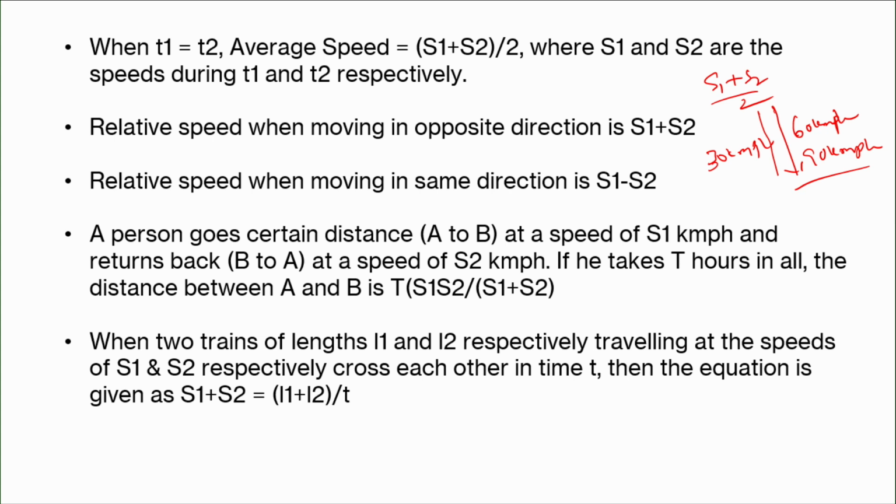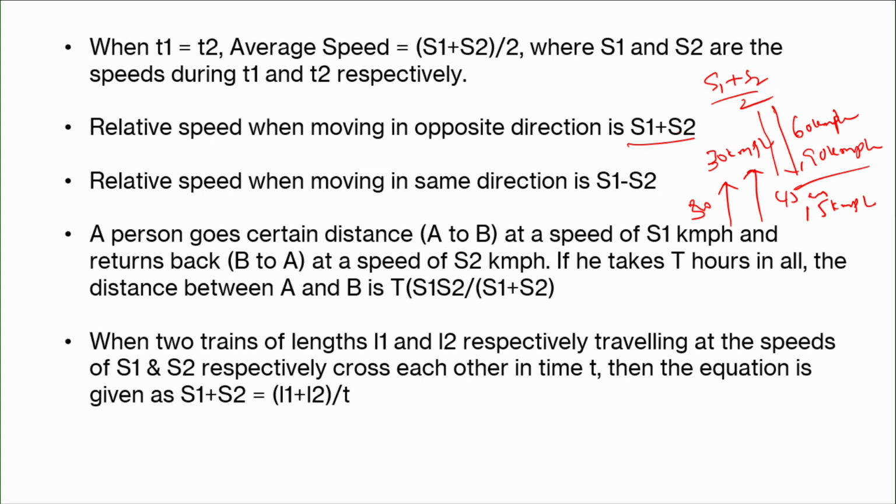For example, if moving in the same direction, one train is moving at 30 kilometers per hour, another in the same direction at 45 kilometers per hour, then the relative speed will be 45 minus 30, that is 15 kilometers per hour. Is it clear? This is very, very important.